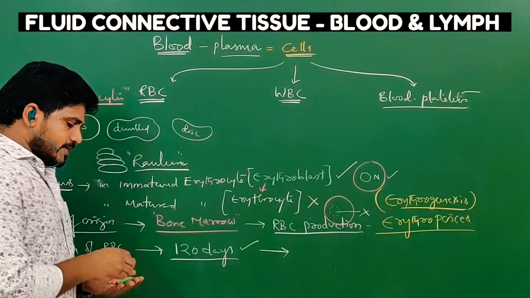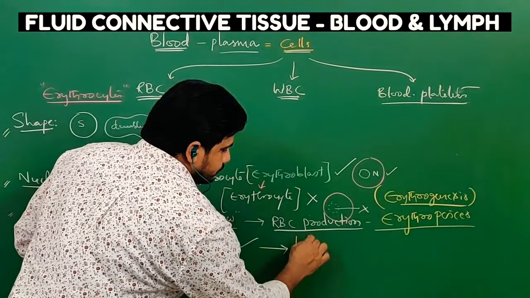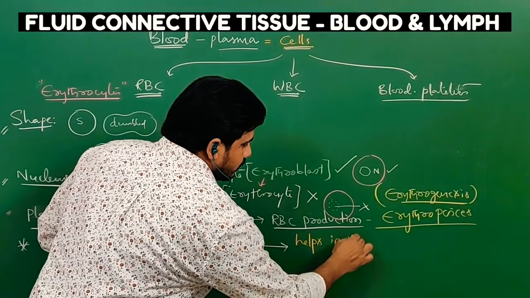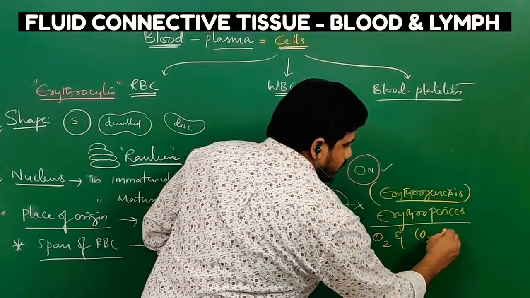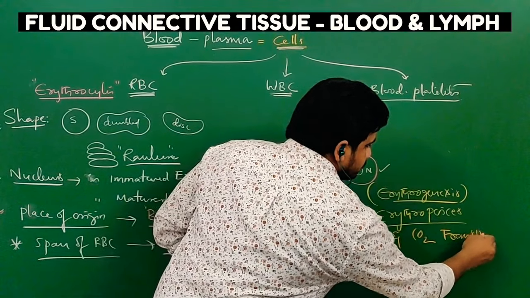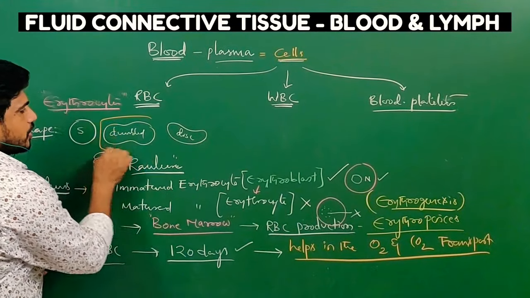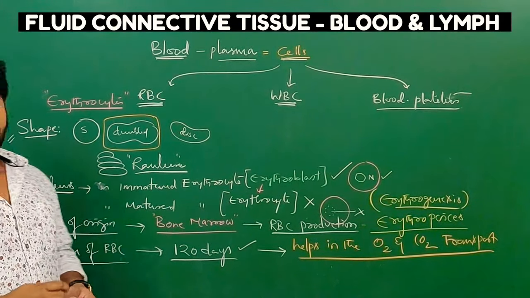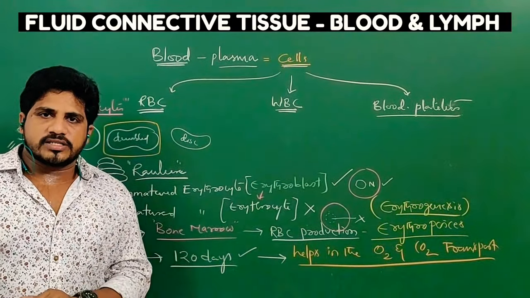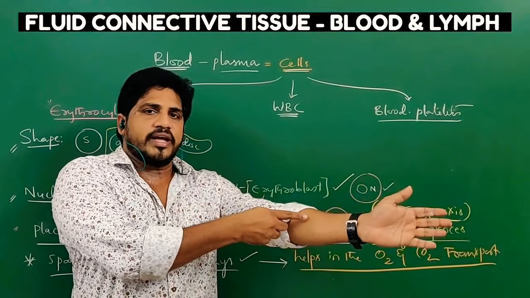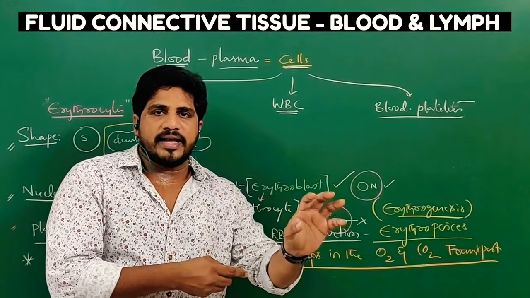During these 120 days, what does RBC actually do? It helps in oxygen and carbon dioxide transport. Majorly, the dumbbell or biconcave shape of RBC participates in the transport of oxygen from lungs to tissue, and once the tissue utilizes the oxygen, the tissue releases carbon dioxide.